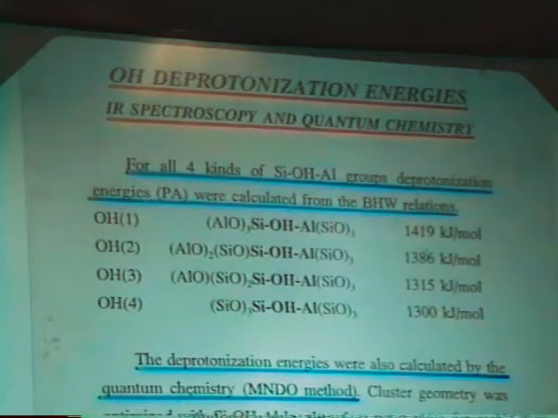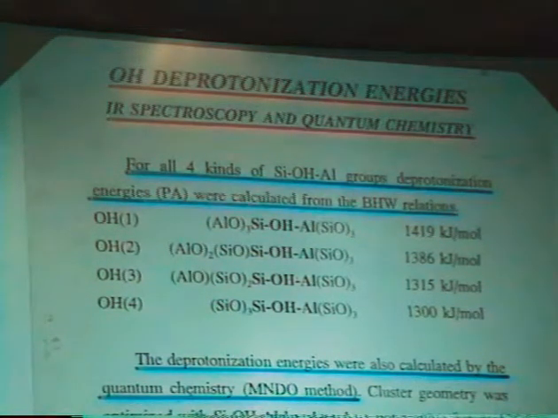We can calculate the deprotonation energies in 2 ways. From IR spectra, by using the Bellamy-Williams relation, those are the values. But we may calculate also the deprotonation energies by quantum chemistry. We made such a study.